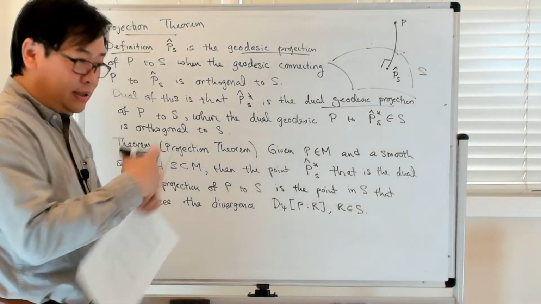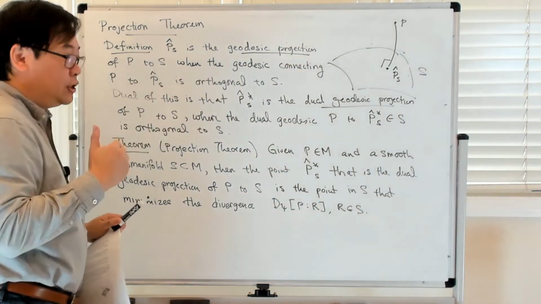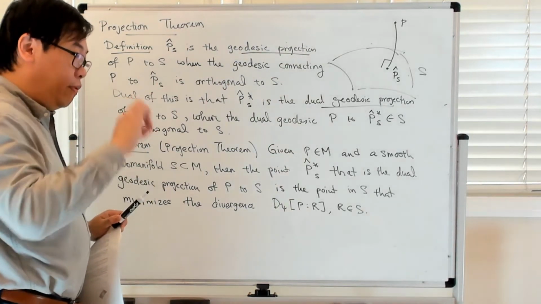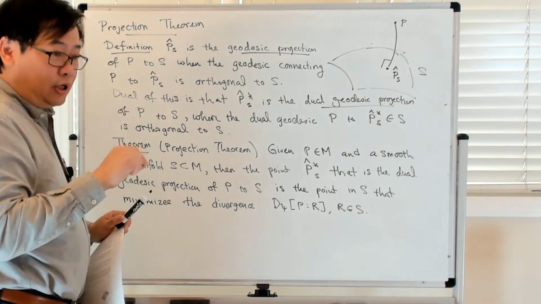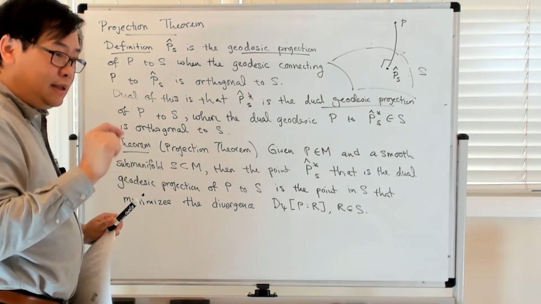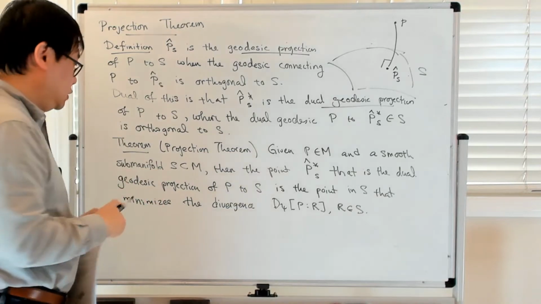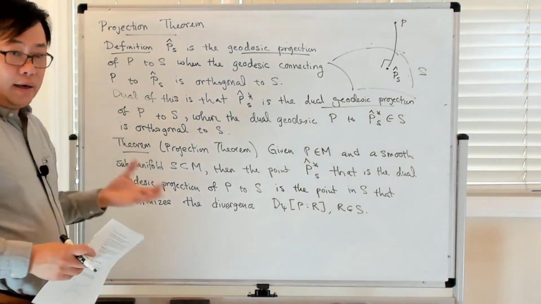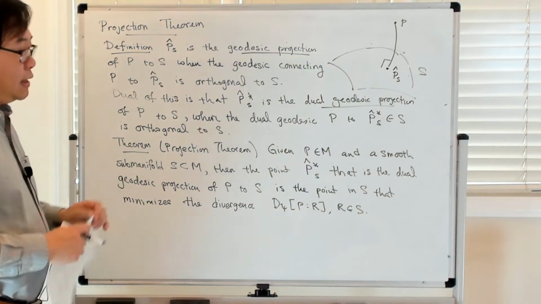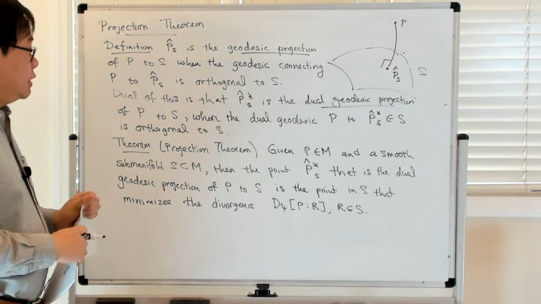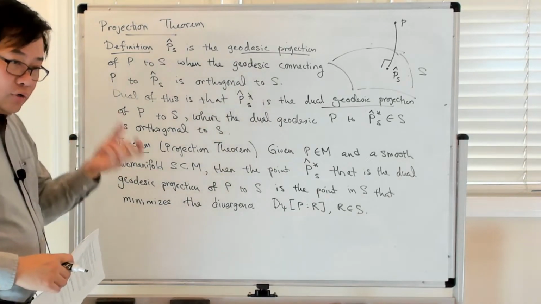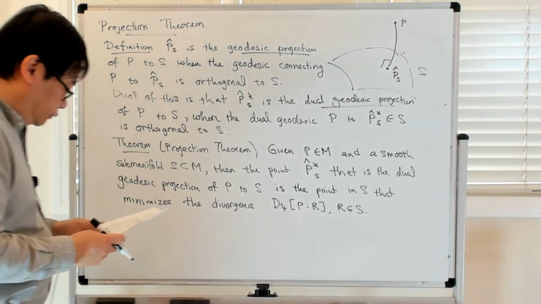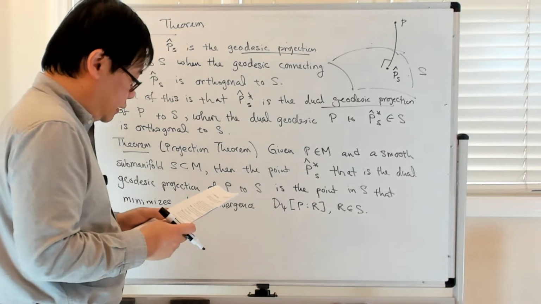So there's this interesting duality again, because you do your projections with respect to the dual affine structure, but then the point you get by dual geodesic projection is the one which minimizes the divergence as opposed to the dual divergence. You'll start seeing this flavor again and again in this course in information geometry, that you have to go back and forth between the primal and dual representations, and they're intrinsically connected in a very natural way. All right.